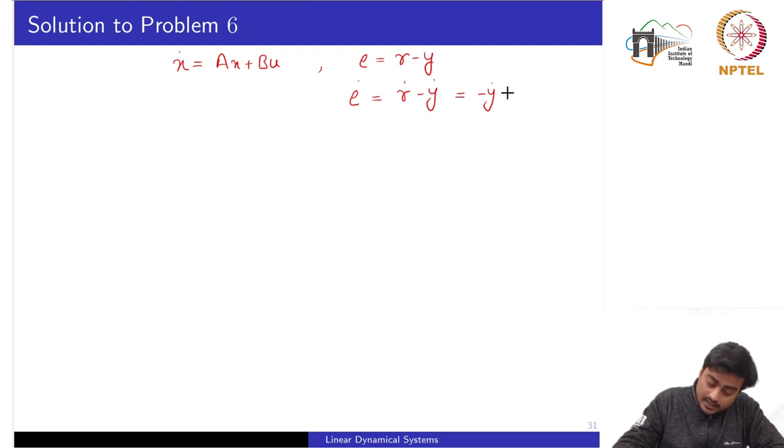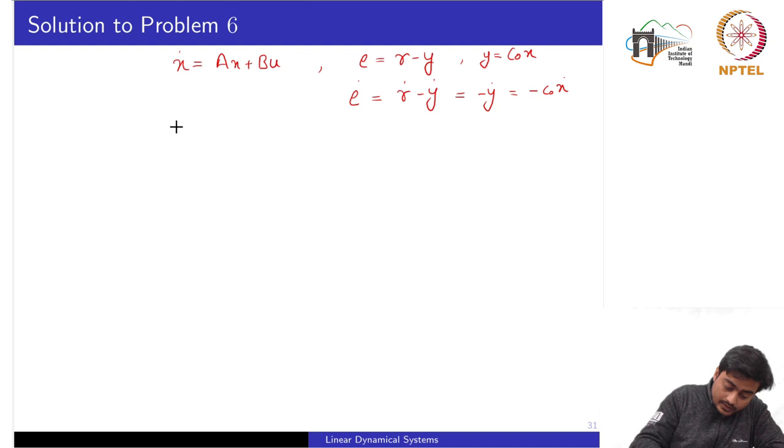And y is equal to C naught times x. So I can write minus C naught x dot. So I would get e dot is equal to minus C naught x dot.